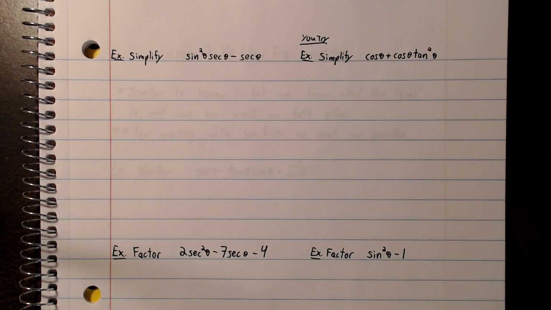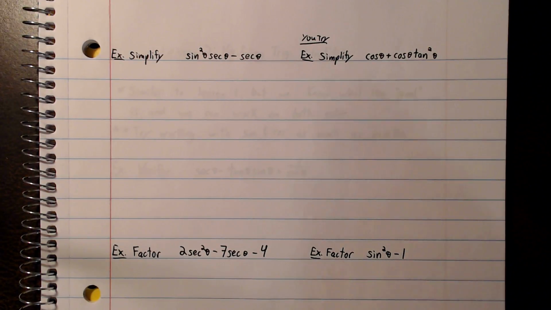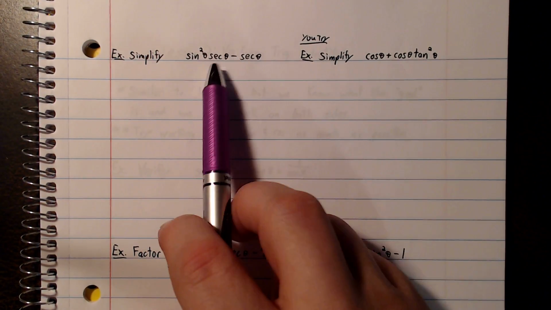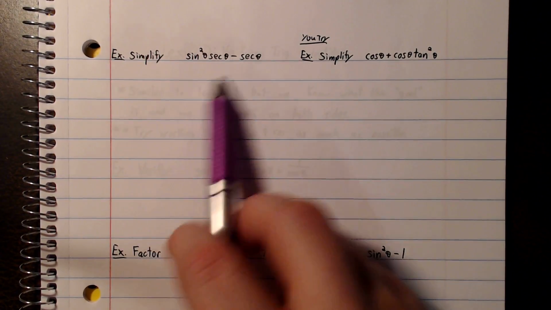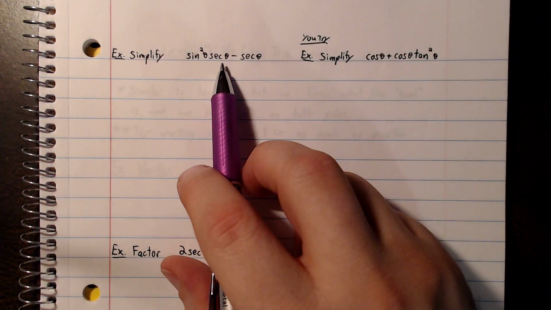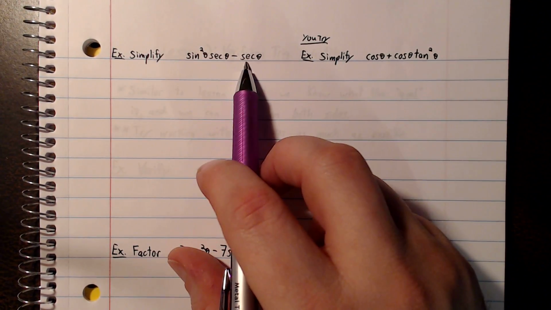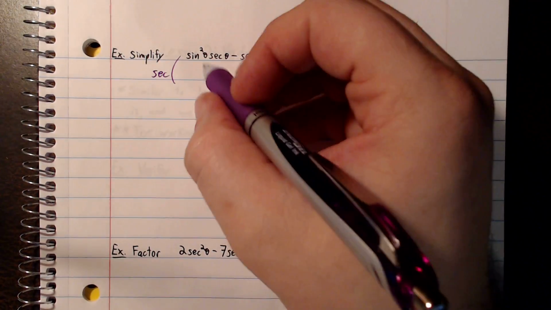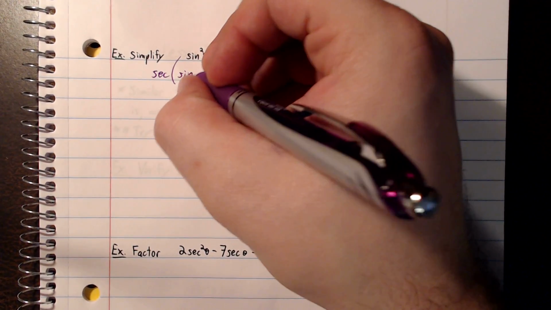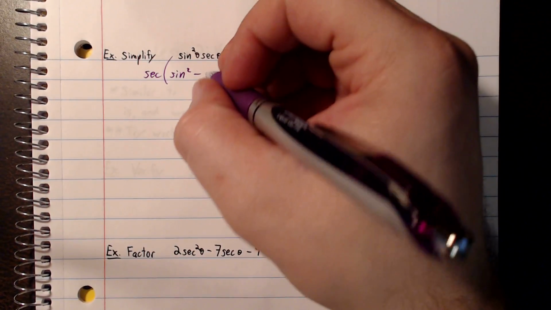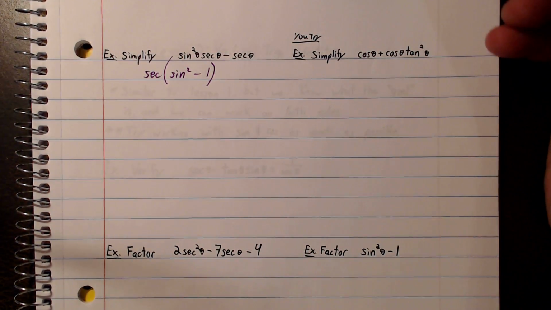Okay, we're still simplifying, but what we might notice is that we have something that can be pulled out from both of these, and it might do us some good, right? I have secant and secant, so if I pull out secant from both, that leaves me with sine squared minus, let's see, secant, if I pull, I only get 1 left in there.